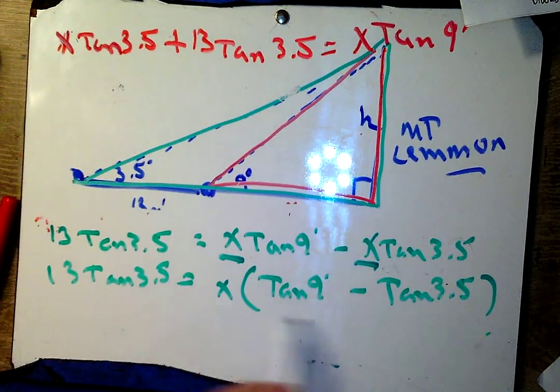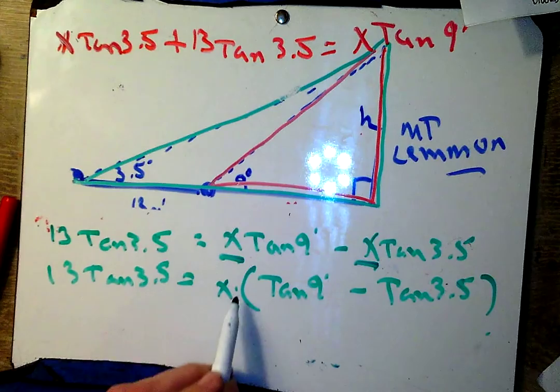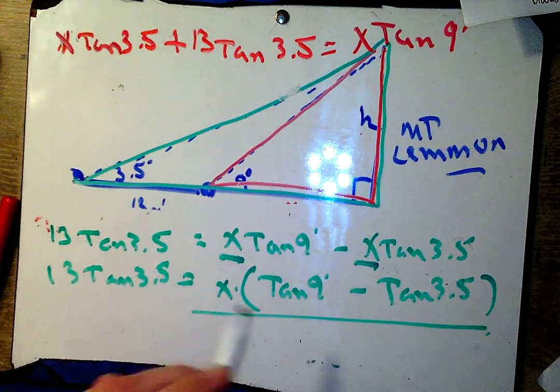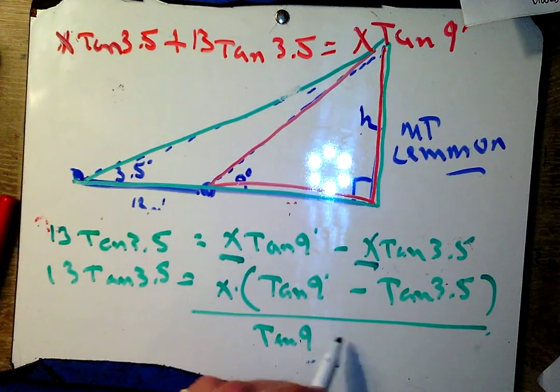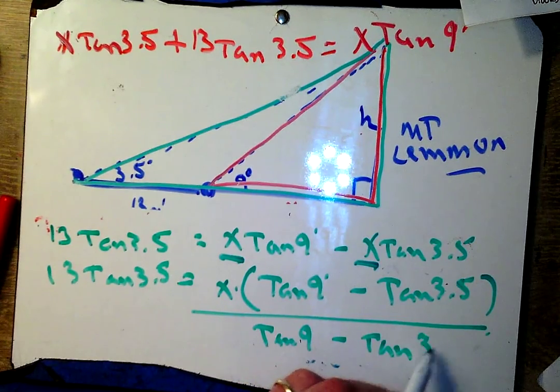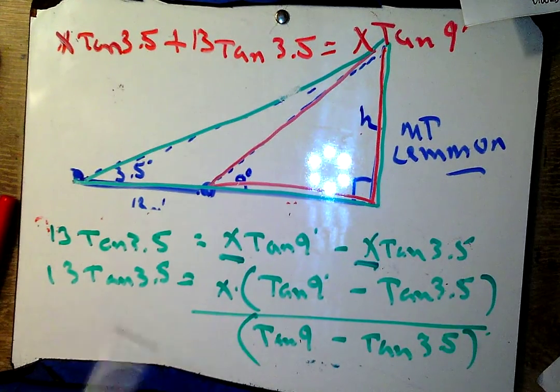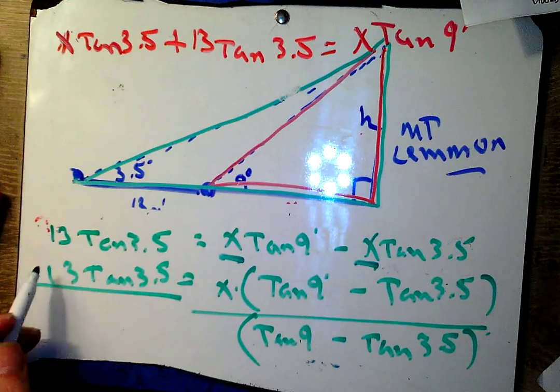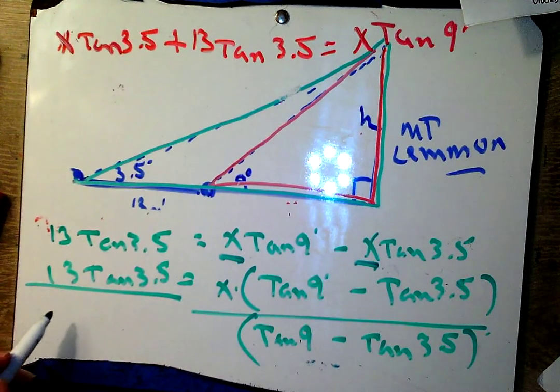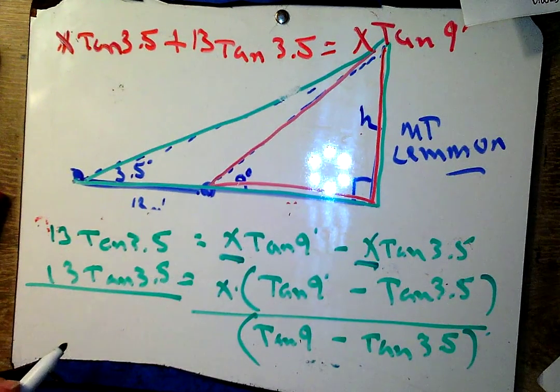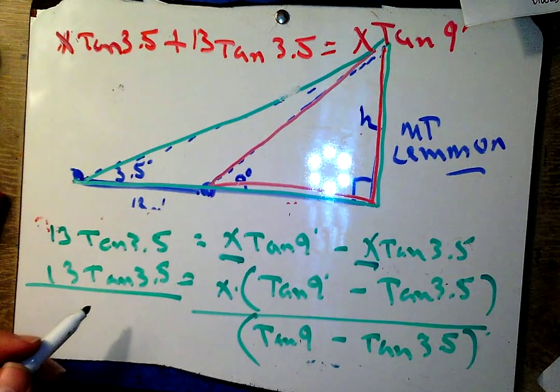And then, how is all this stuff attached to the x? With multiplication. So if I want x by itself, I have to divide by tan 9 minus tan 3.5. And I know some of you are saying, Mr. Cooper, why don't you just pull out the calculator and figure out what these are? Well, remember how we don't round until we get to the end of the problem?